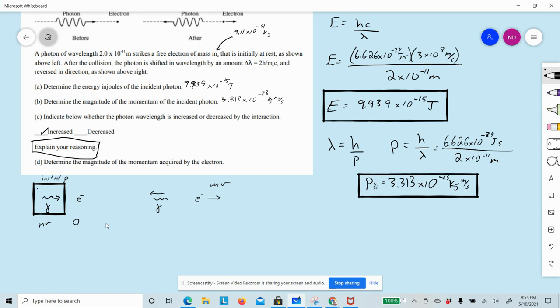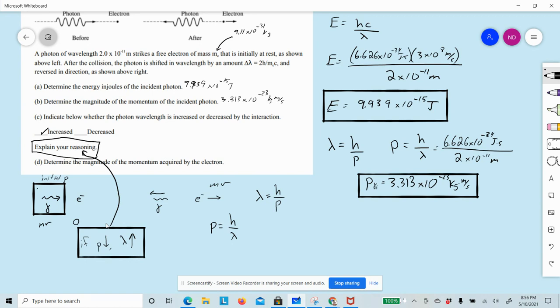And according to this relationship, wavelength equals h over momentum, or we could flip it around and say momentum equals h over wavelength. If the momentum of a thing increases, its wavelength decreases, or vice versa. If the momentum of a thing decreases, if the momentum drops, that means the wavelength must increase, which is what's happening here.